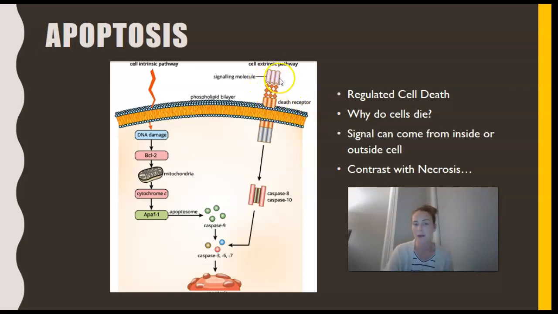This is very much like all the other hydrophilic signaling examples we've been through. The binding of this signal to the death receptor will activate the internal secondary messengers, which will in turn activate, again, our caspase proteins.